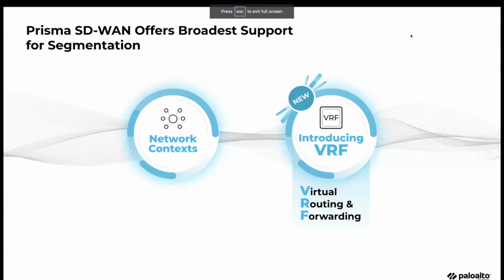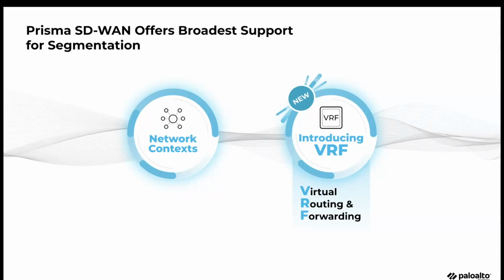Okay, so as I was saying, we have the network context capability where you can provide isolation and segmentation and also policy differentiation without making any changes on your existing network. But we also understand that customers have VRF deployments in their network, and they would like to make use of the VRF constructs within the SD-WAN.